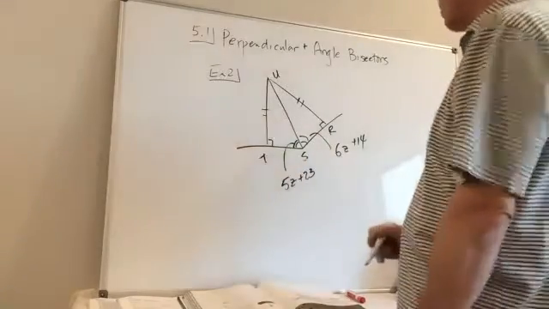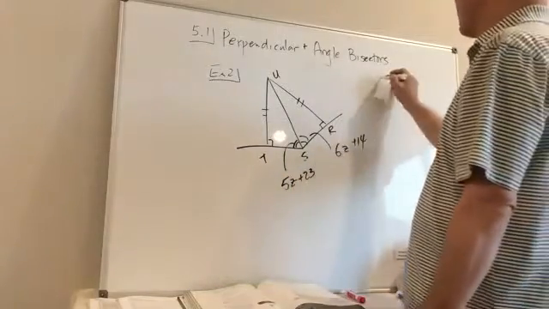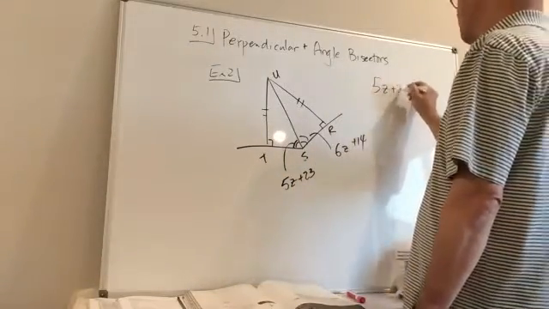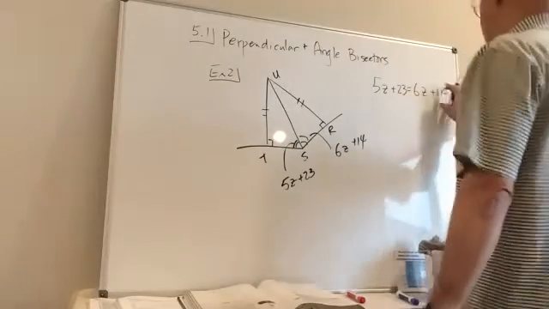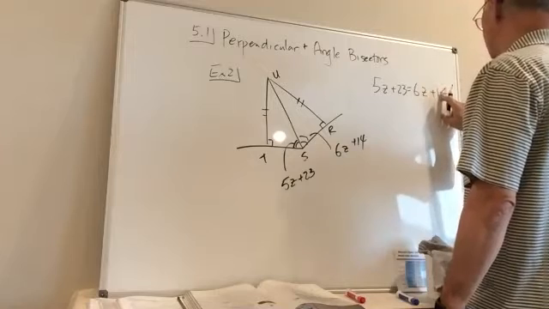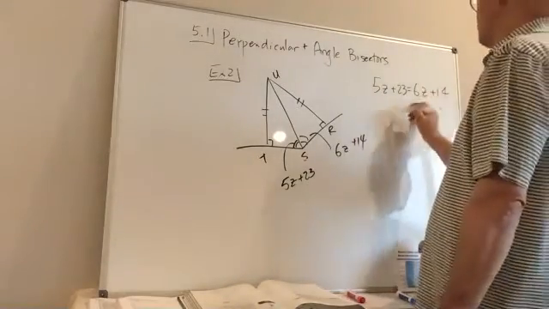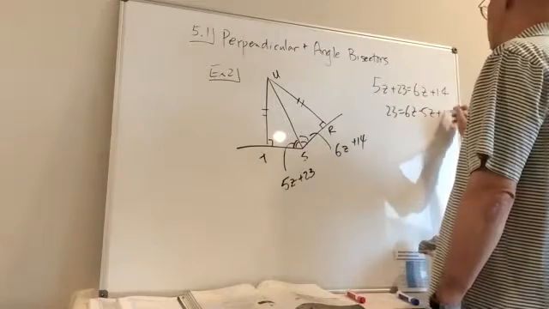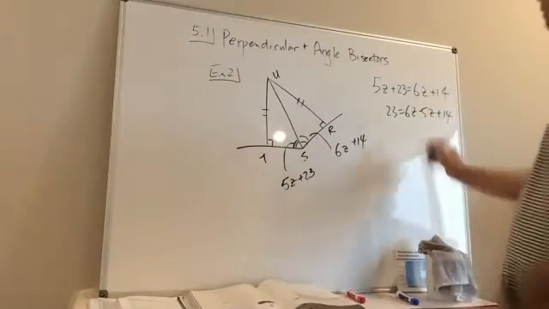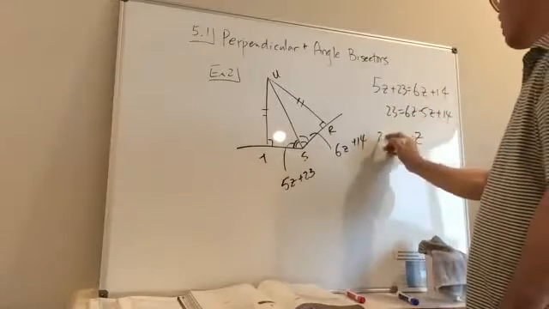Okay, so the way I would find out what z is, I would set these two angles equal. So 5z plus 23 is equal to 6z plus 14. Okay, so I'm going to move the 5z over. 23 is equal to 6z minus 5z plus 14. 6z minus 5z is equal to z, and move the 14 over here.